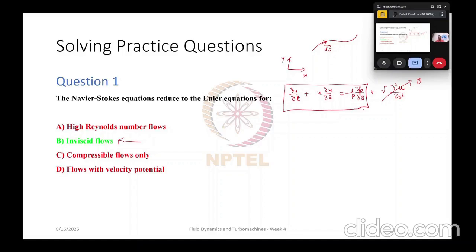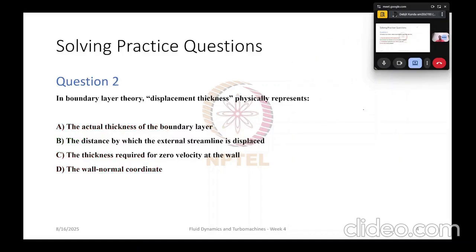Okay, let's move on to the next question. So question number 2 is asking us that in boundary layer theory, displacement thickness physically represents what? Is it option A, the actual thickness of the boundary layer?